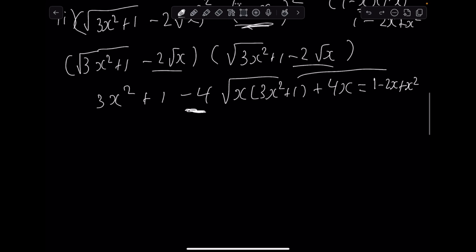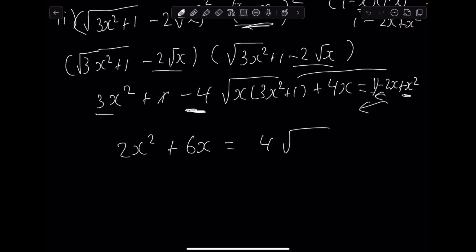So let's do that. If 3x squared, we're taking the x squared to this side, so it becomes 2x squared. The 1's just cancel out again, and the 4x plus 2x, because we're bringing this minus 2x to the other side, so plus 6x equals 4 root of x times 3x squared plus 1, right?